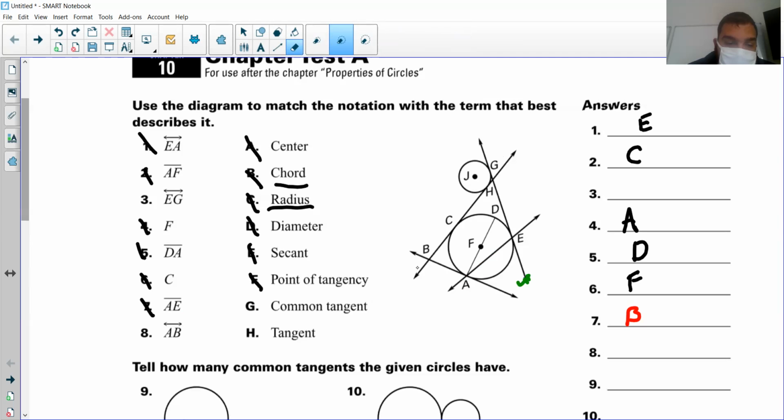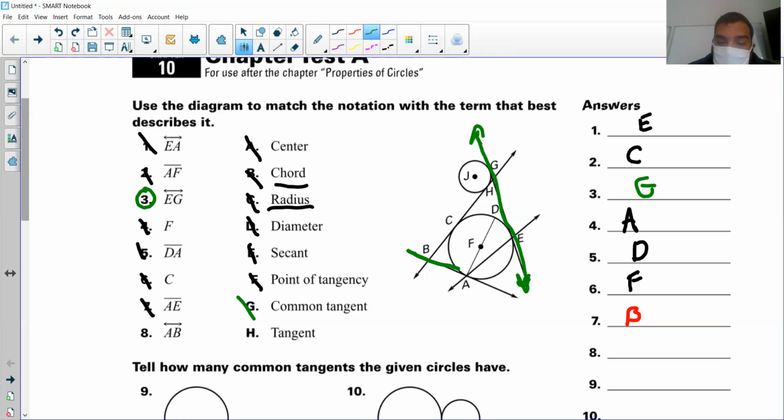So I see EG over here. EG is this line over here that's shared between the two circles. So that's a common tangent. And hey, I have a leftover tangent. A tangent is a line that hits the circle once, and AB definitely hits the circle once. So that's H.